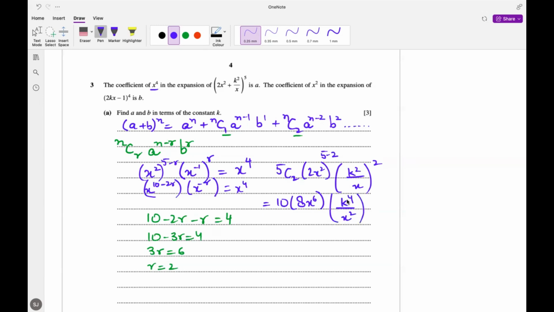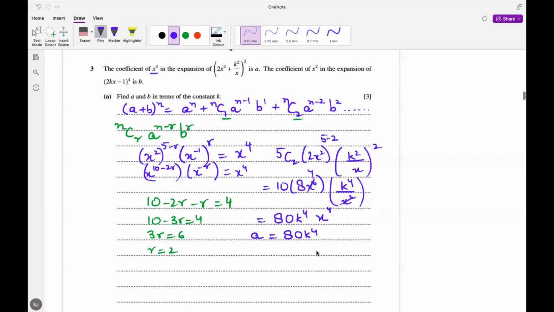Now we can see that x^6 and x² will cancel to make x^4. So the coefficient of x^4 will be 10 times 8, which is 80 into k^4. So as the coefficient of x^4 is a, we can say that a is equal to 80k^4.